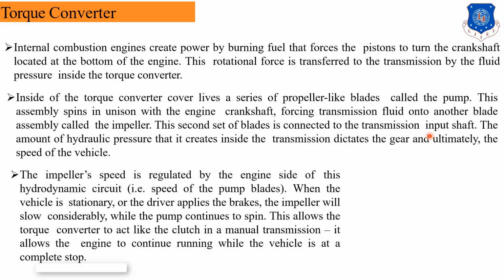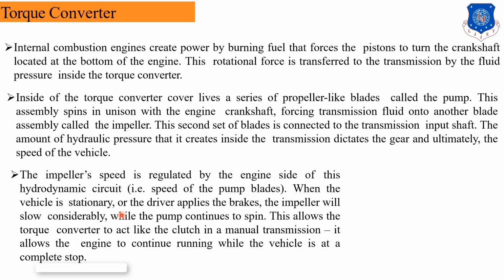The amount of hydraulic pressure that it creates inside the transmission dictates the gear and ultimately the speed of the vehicle. The impeller's speed is regulated by the engine side of the hydrodynamic circuit, that is the speed of the pump blade.